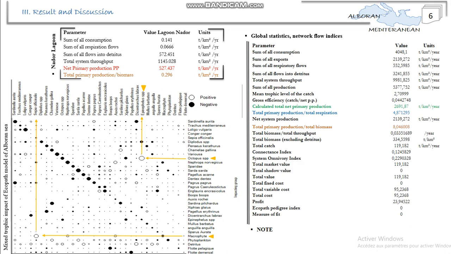So we have the index of primary production on respiration, which is superior to 1. That gives an idea about the photosynthetic activity in this zone.